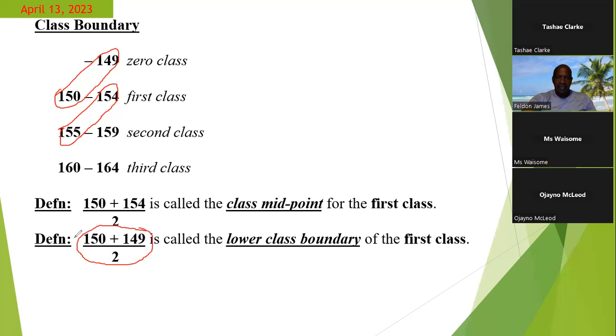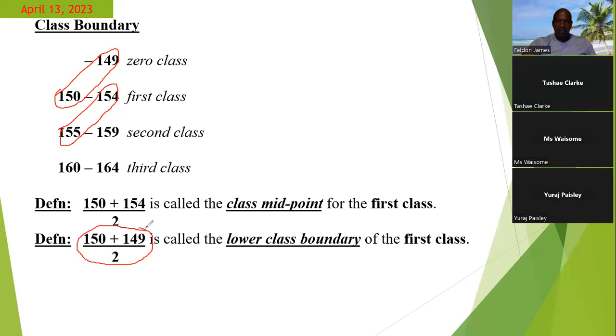Right. So all I'm saying, instead of doing it this way, by adding them and dividing by 2, you could just find what? The difference between the upper class limit of one class and the lower limit of the other one. The difference. So you take away the smaller value from the larger value, what do you get? 1, sir.